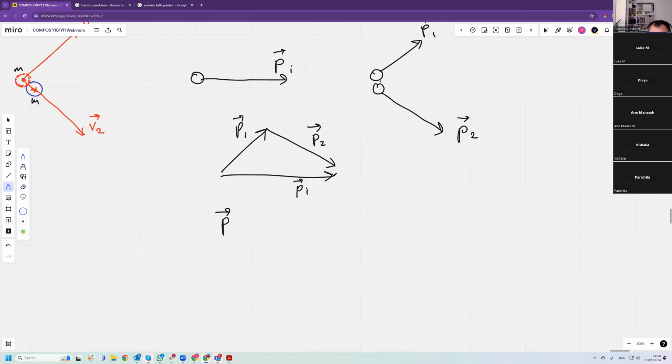It's a triangle rule for adding vectors. P initial is P1 plus P2.